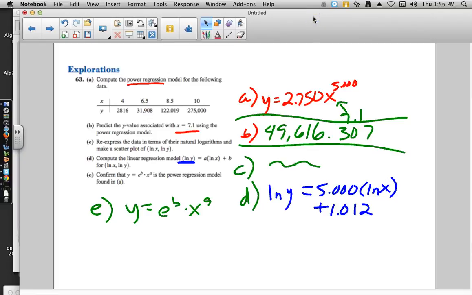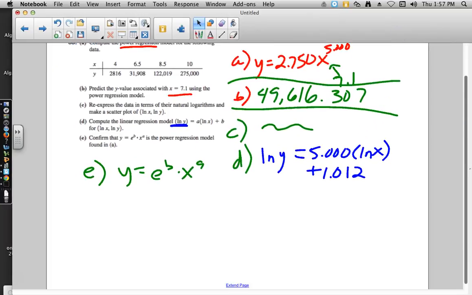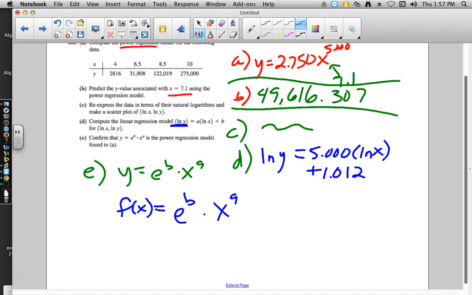Looks like so. So now we have that regression model, and the next piece is confirm that e to the b times x to the a is the power regression model that we found in A. All right, so let's see. Why is this working is what they're asking us. So what we want to do is think, okay, well, what numbers did we get for everything here? Because we really want our f of x to equal e to the something times x to the something else. Well, we just found b and a.